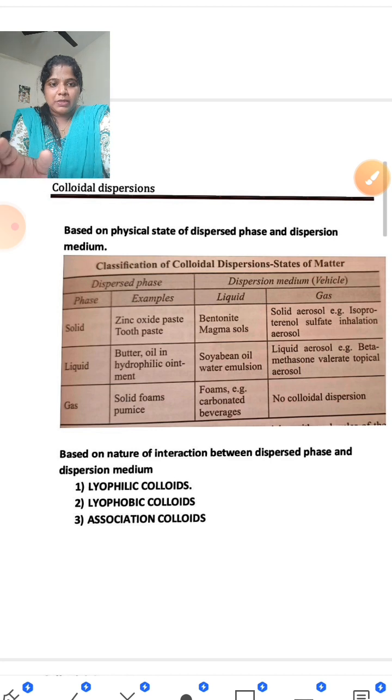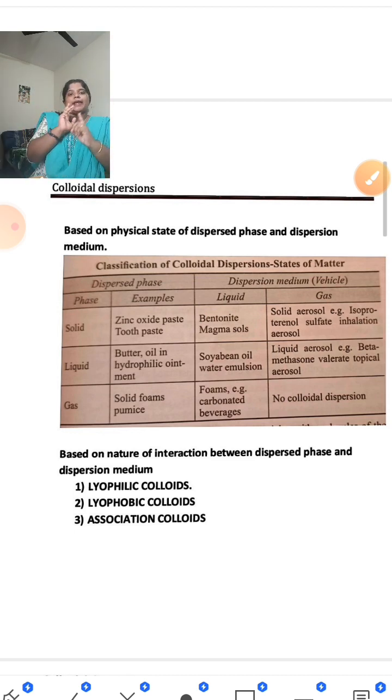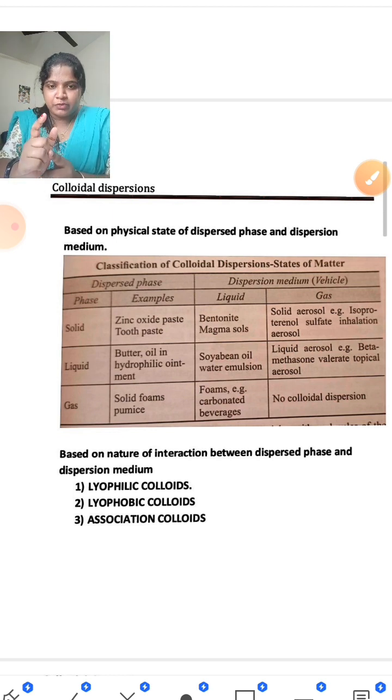Based on the dispersed phase, it is classified into solid, liquid, and gas. Examples are also given. In the case of solids, zinc oxide paste and toothpaste are examples of the dispersed phase.